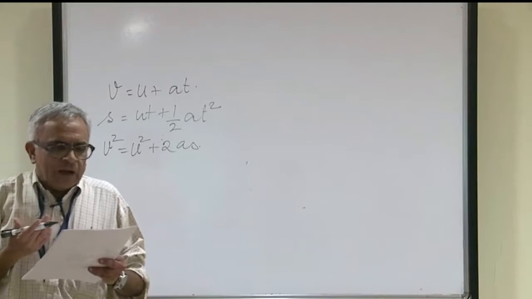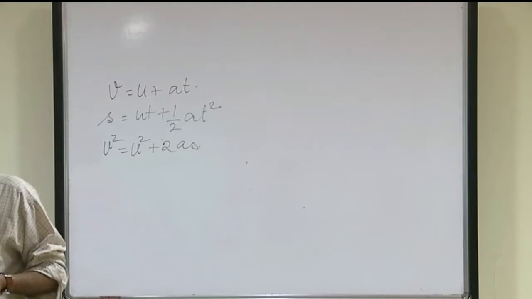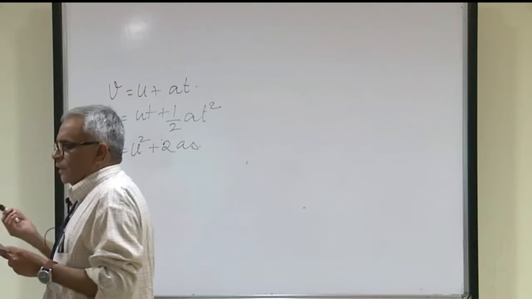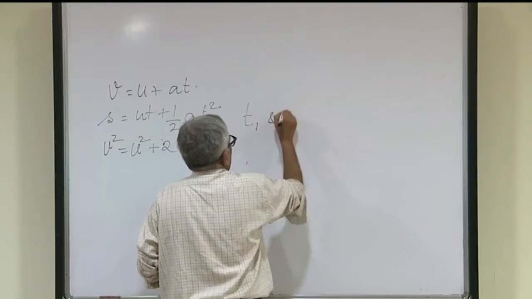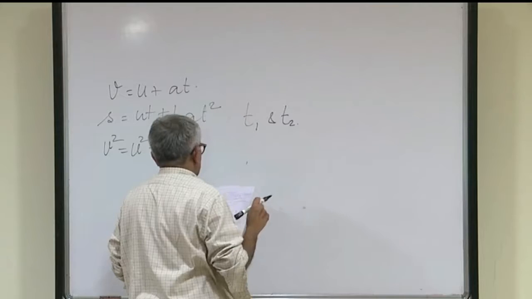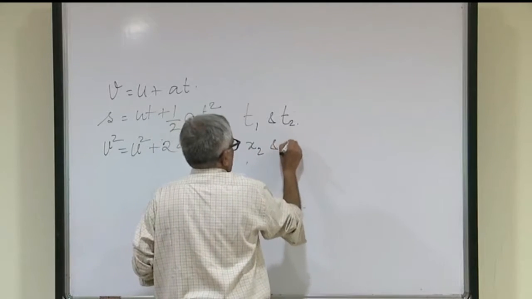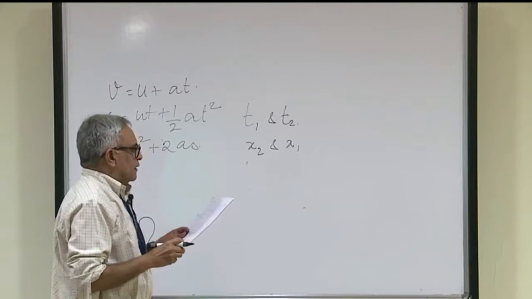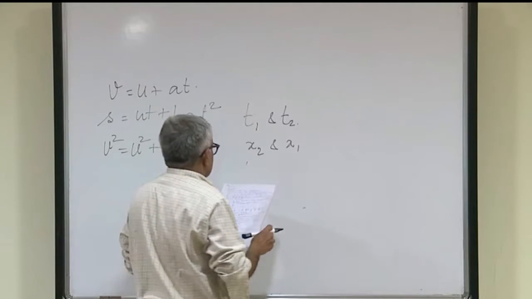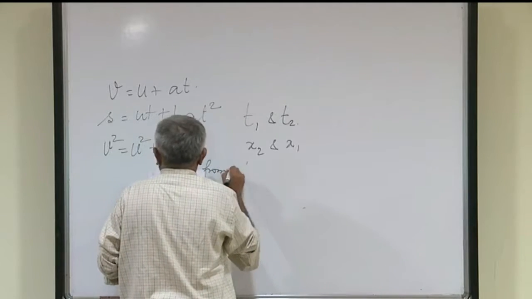Now, these are the things. Basically, these come out of the time intervals. You have two time markers, t1 and t2. The displacement is x2 and x1, from a reference point.